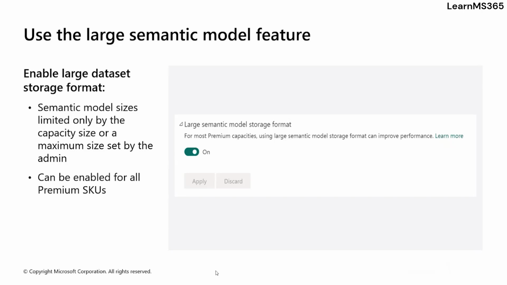So, with the large dataset storage format enabled, dataset sizes are limited only by the capacity size or maximum size which are set by the administrator. This differs from the datasets in Power BI Premium, which are limited to 10 GB after compression if large data storage format is not enabled.